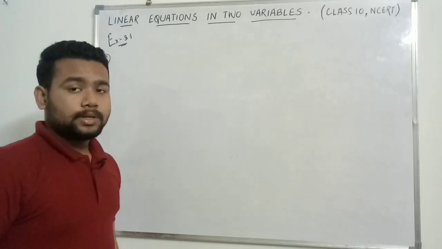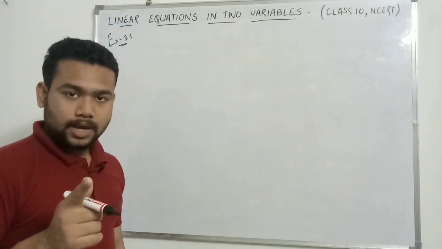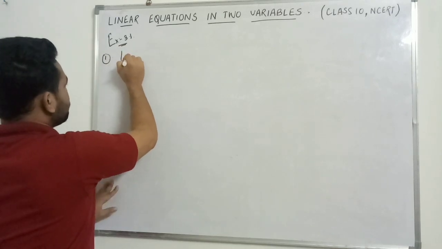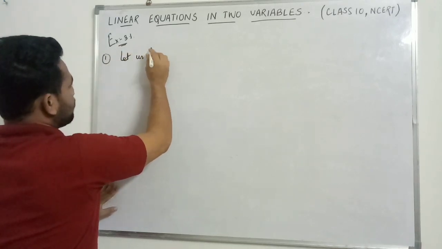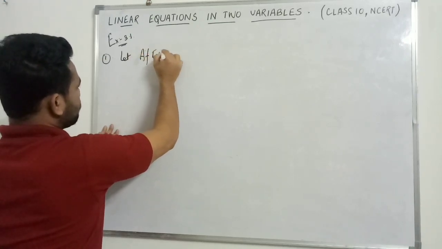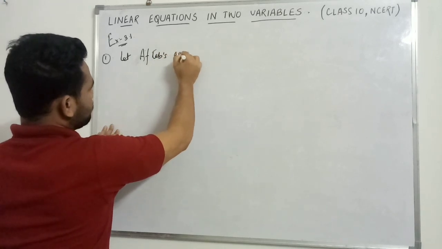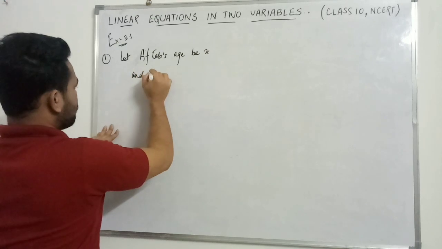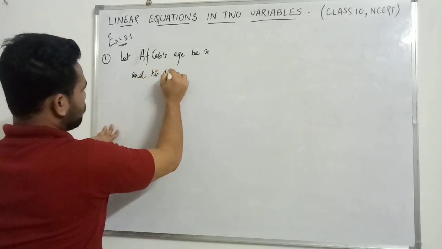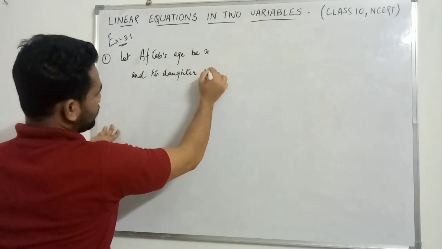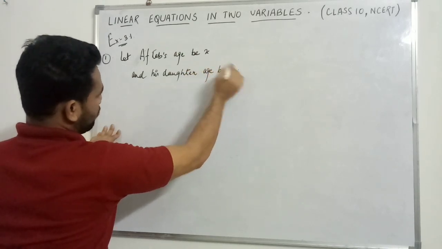According to the question, it has been given the father's age and his daughter's age. So let's consider the father's age be x and his daughter's age be y.